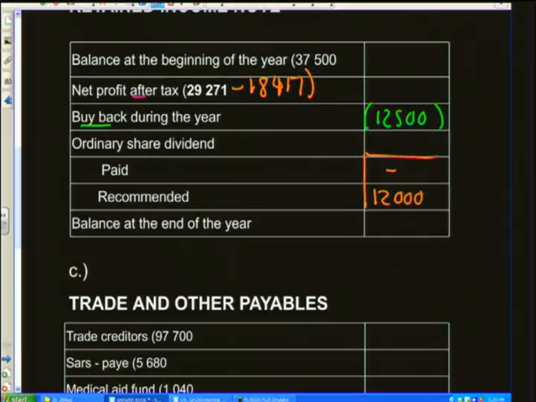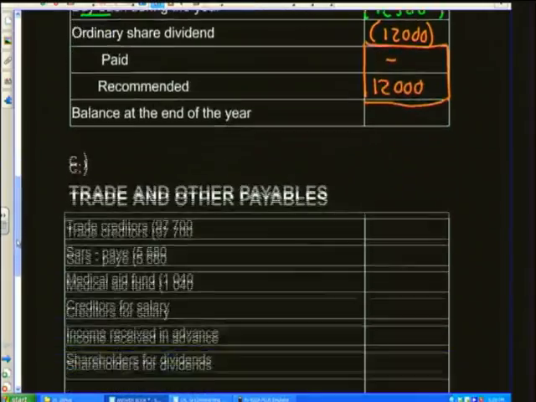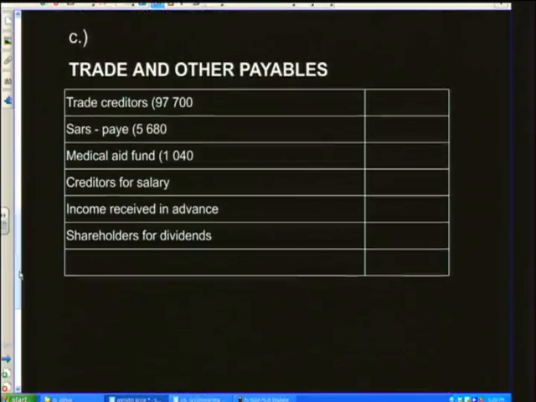Remember, we always put this into a little block. My ordinary share dividend, which is an expense, goes in brackets, this amount of 12,000. I also need to enter this under trade and other payables. Shareholders for dividend, we are owing our shareholders an amount of 12,000.